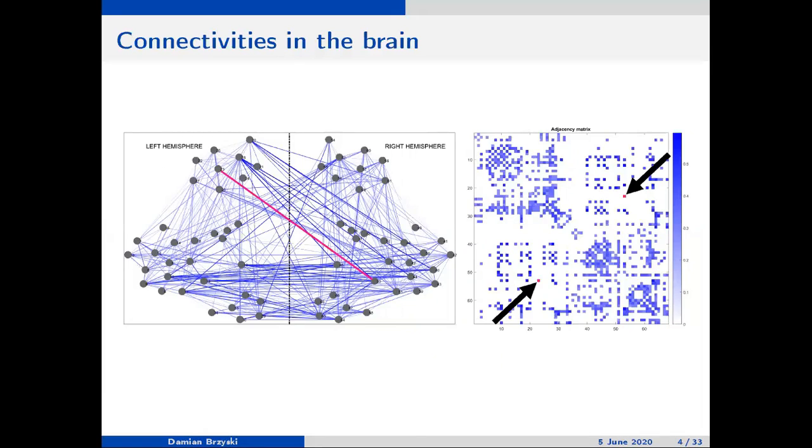So you can simply put these numbers in symmetric positions in the matrix, and as a result you will build the symmetric matrix, as you can see here on the right. And once again, you can do this for each subject. So at the end of the day, you get n matrices.